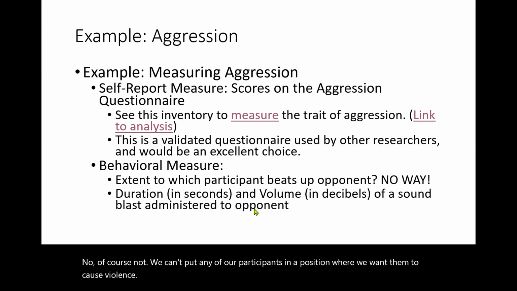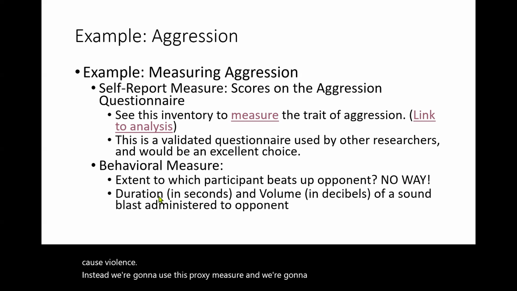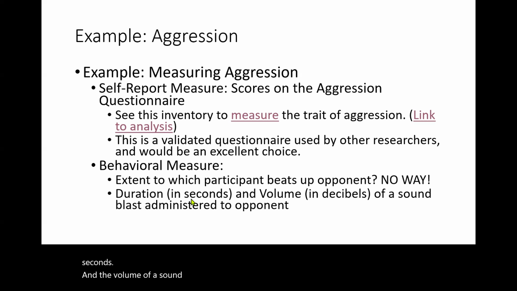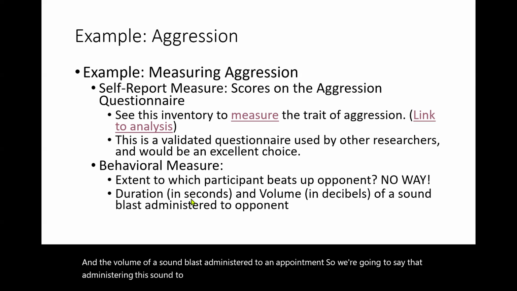Instead, we're going to use a proxy measure, and we're going to measure the duration in seconds and the volume of a sound blast administered to an opponent. We're going to say that administering the sound to an opponent is an aggressive move, and that's what we're going to quantify when we measure aggression. And maybe we'll do both.